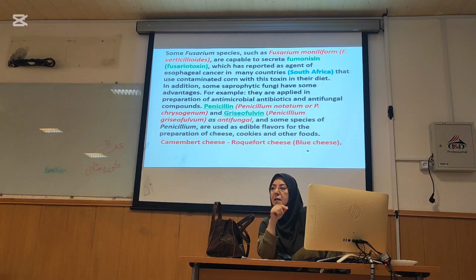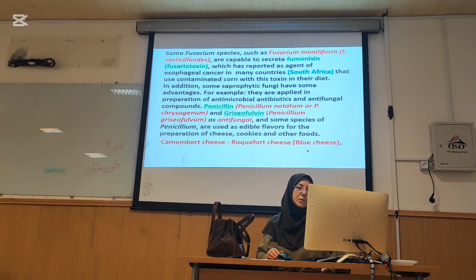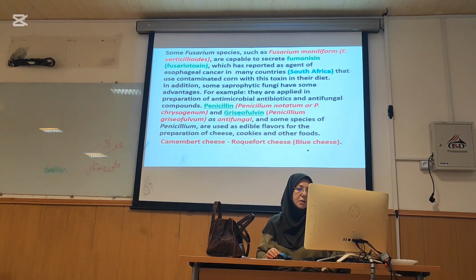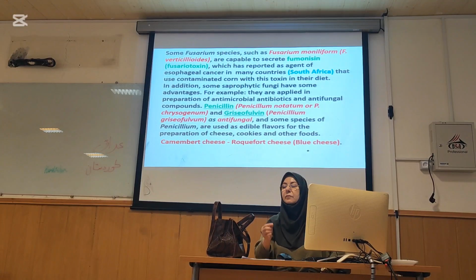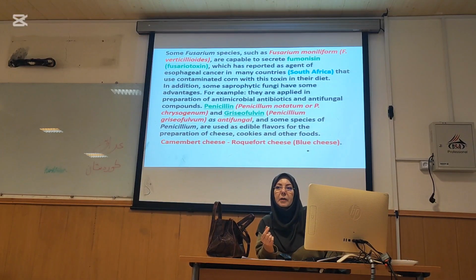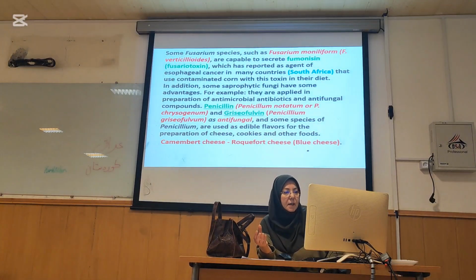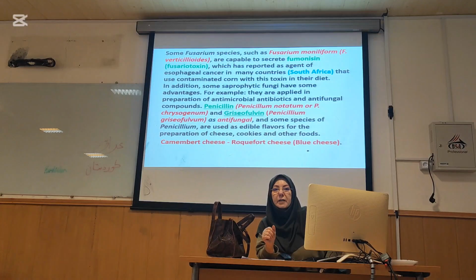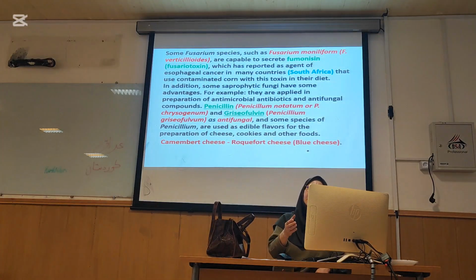In these regions, fumonisin is usually seen among the crops and can lead to esophageal cancer. So if you consume contaminated foods that include some toxins in your diet, you can develop mycotoxicosis.